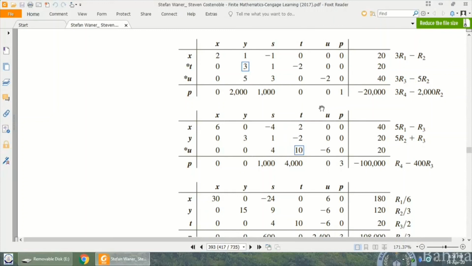But since we have chosen this column, instead of S, now we're going to be writing T here. So we put a star and then we can just replace it by T. It basically means that you have to replace this value.